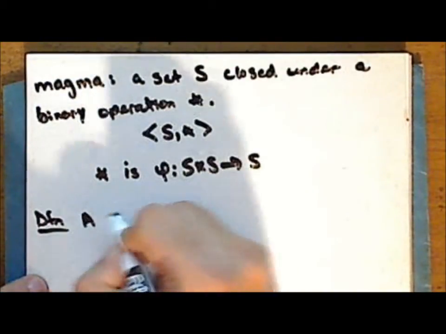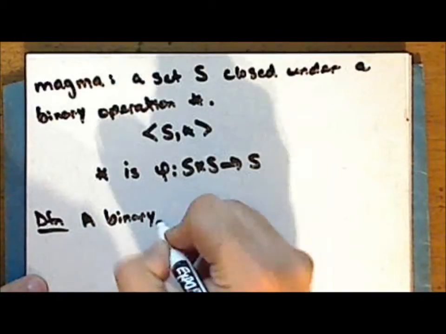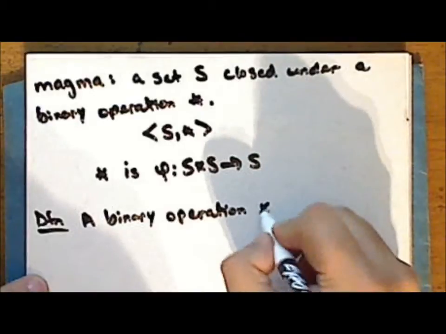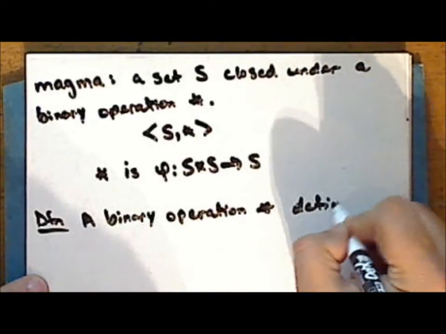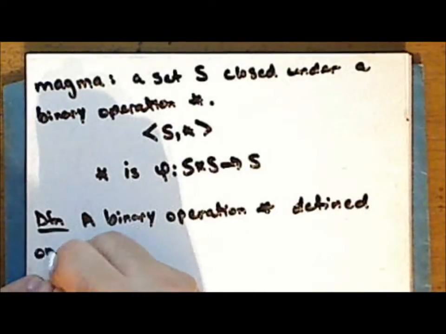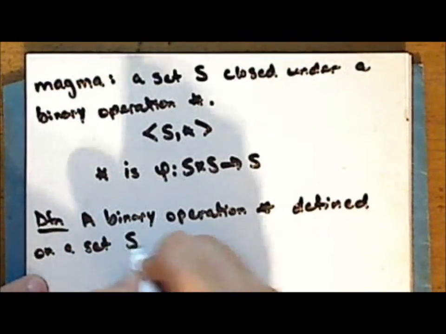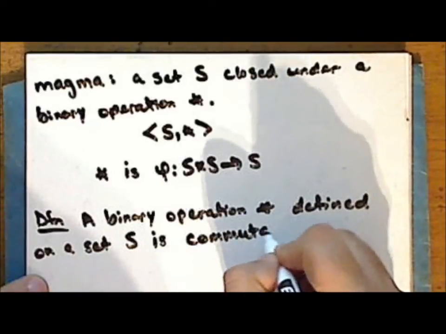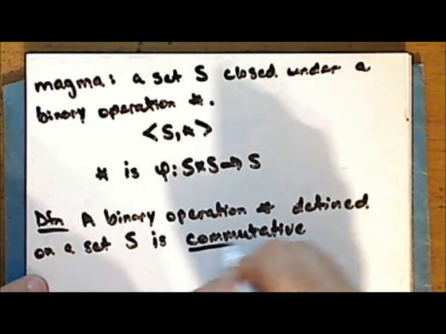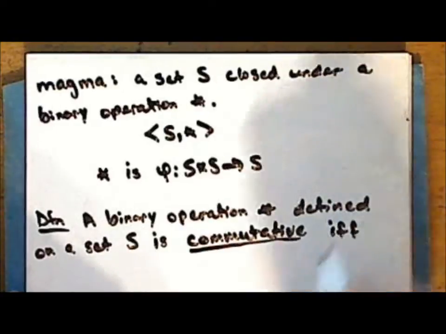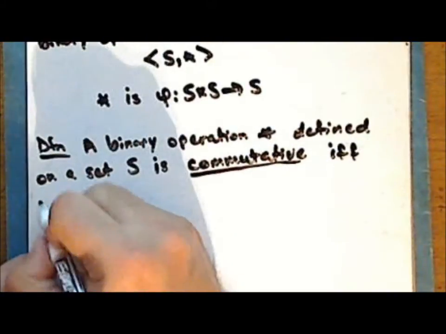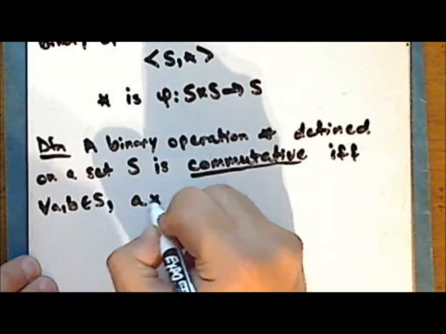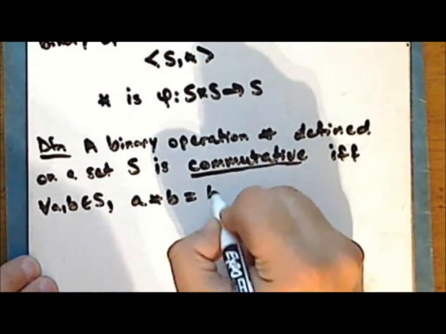So a binary operation star defined on a set S is commutative if and only if for every pair of elements A and B in the set S, it does not matter the order in which we perform the operation.